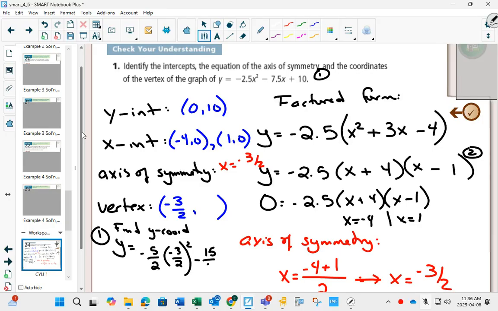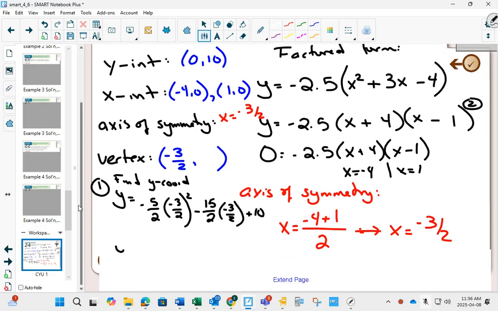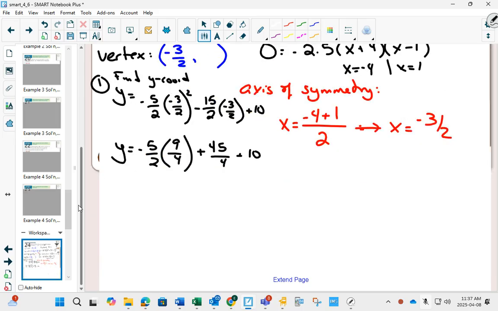7.5 is 15/2. Order of operations, you're going to square first, so I still have negative 5/2. Squaring 3/2 will be 9/4. Multiply those will give me plus 45/4 plus 10.